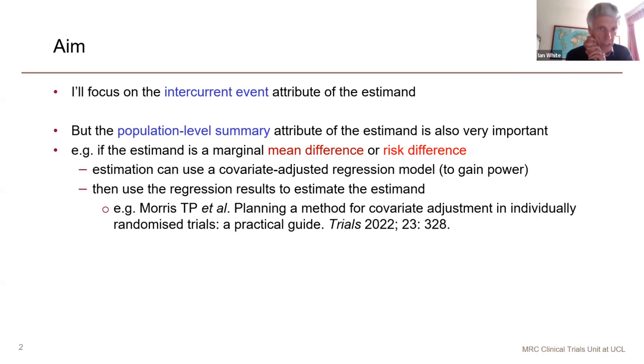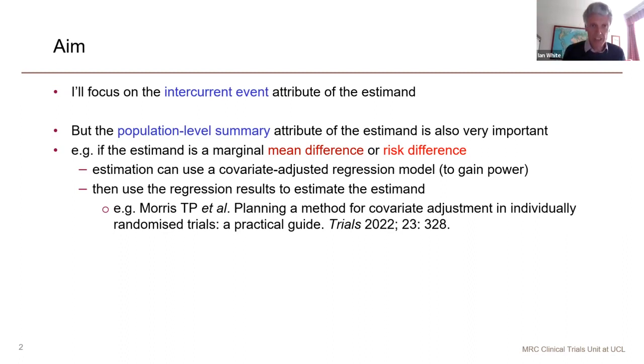So we might have an Estimand which is a marginal mean difference or a risk difference, which is a lot more easily interpreted than some parameters in some of our statistical models. But we can still use complex estimation, like a covariate adjusted regression model, which we would want to do to gain power by adjusting for covariates, and then add in an extra step after fitting a model to compute our Estimand from the results of that model.